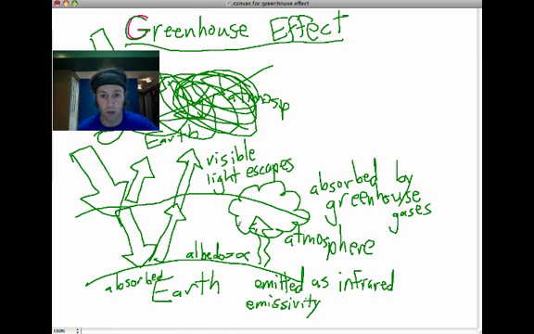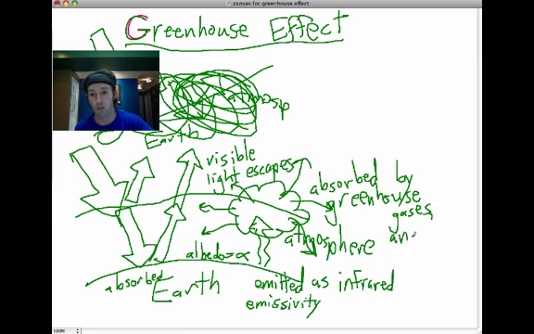But since it gets absorbed, it then does get re-emitted. Some of it gets re-emitted out into space, but much of it does get re-emitted back to Earth. So it's absorbed by greenhouse gases and re-emitted back to Earth.